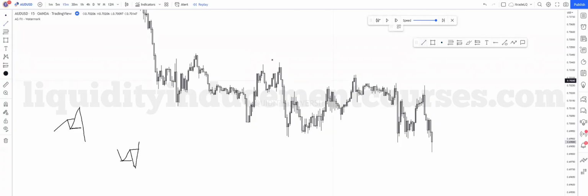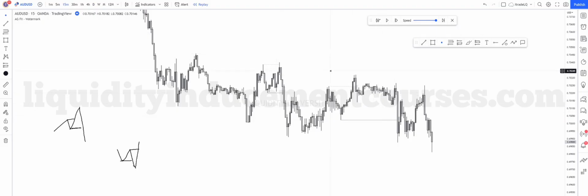What do we see here? We see a run liquidity, and then we have a break of structure, right? That's what we see on the 15-minute time frame. What else do we see over here? Let's see. So we have this leg, took out this liquidity, and say a break of structure here, right?